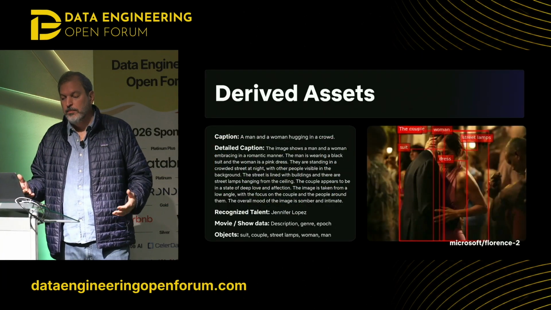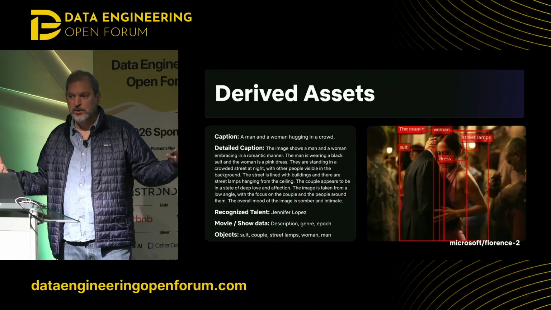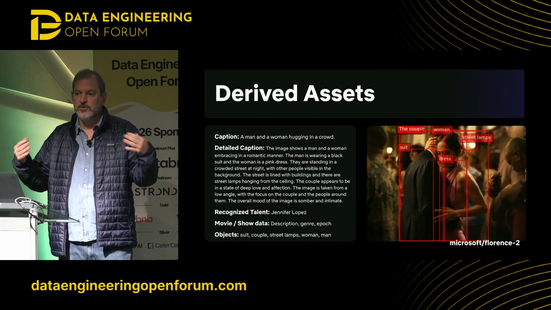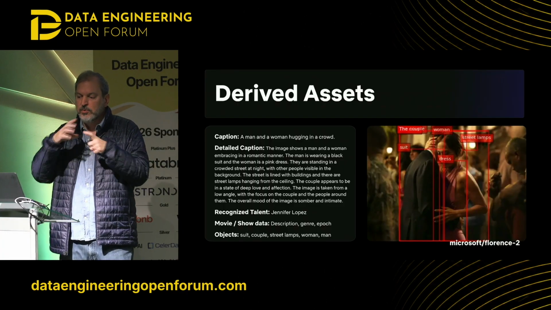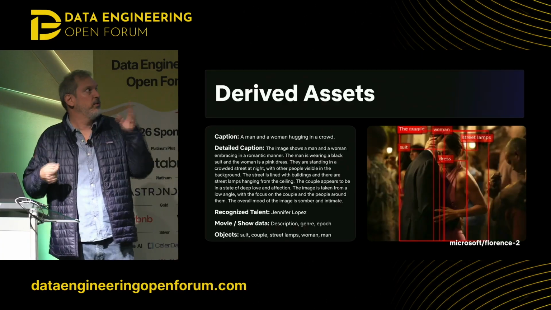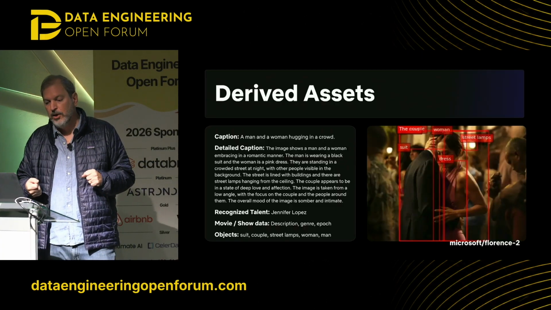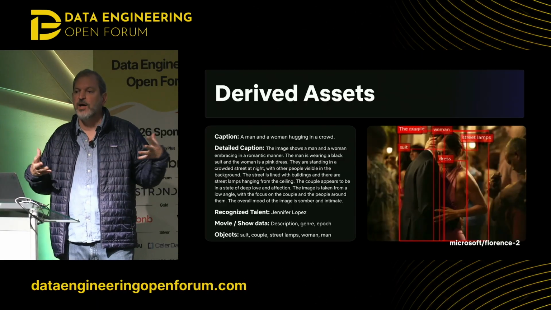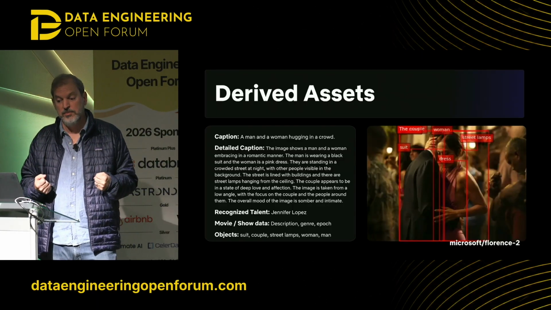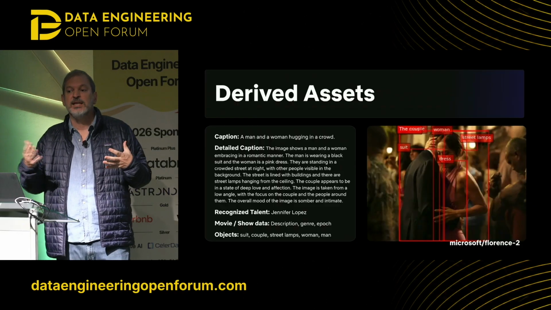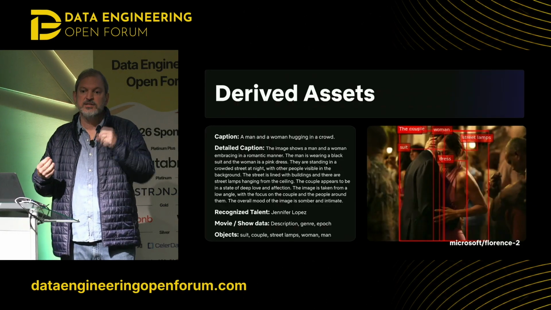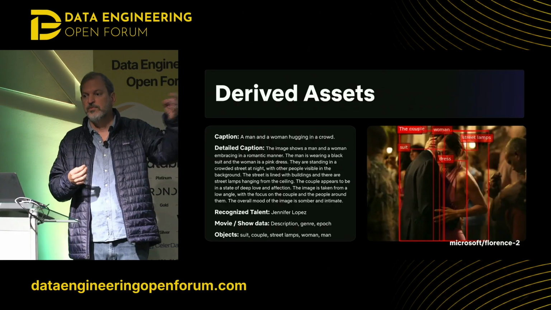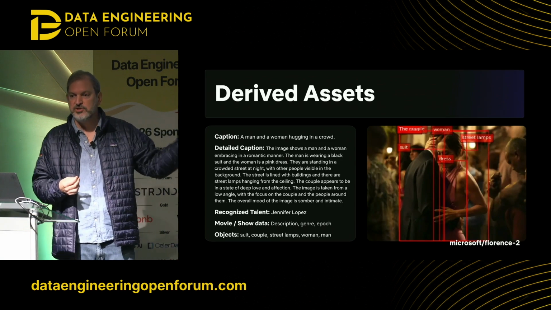Another thing that you might think of when you do these curations is that you derive assets. Every time you start with an image, you derive it into a caption. Here we have a short caption. Also, you can ask for a detailed caption, and the detailed caption can describe every aspect of the image. We also have metadata that comes with where the image is taken from: this movie, from this year, from this genre.